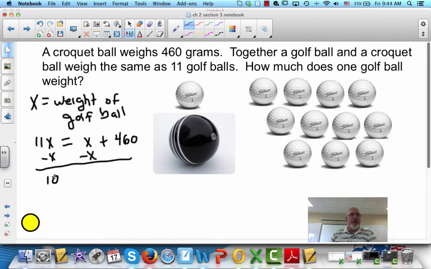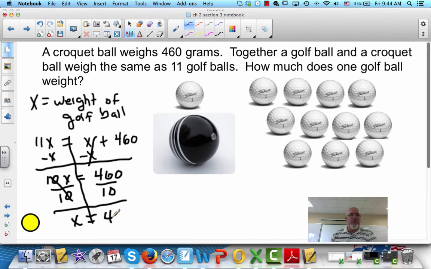And that leaves us with 10x equals, these cancel each other out, and you're left with 460 divided by 10 and divided by 10. Oh, I forgot to do my line. And cross these out, and you're left with x equals 46. So each golf ball weighs 46 grams.